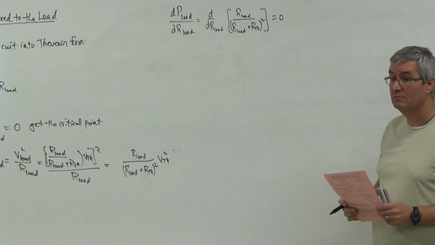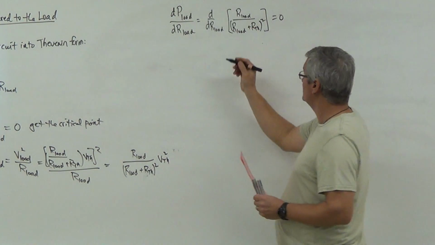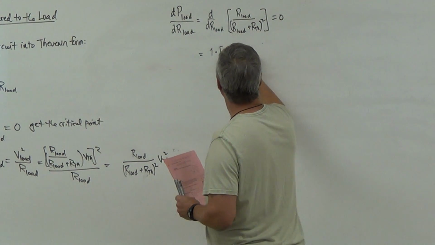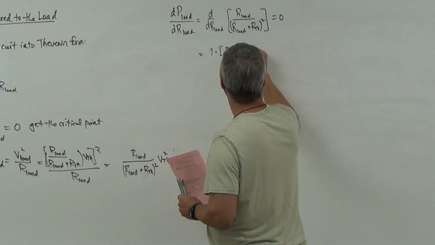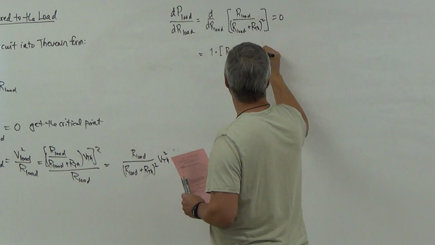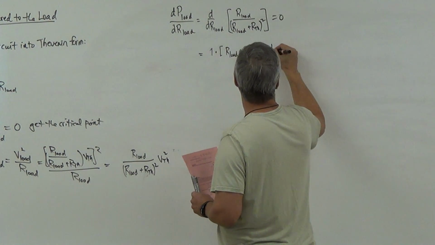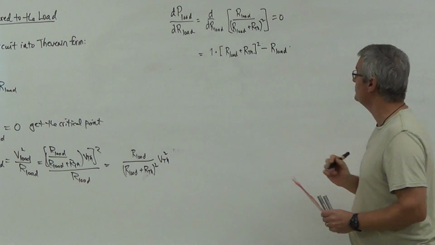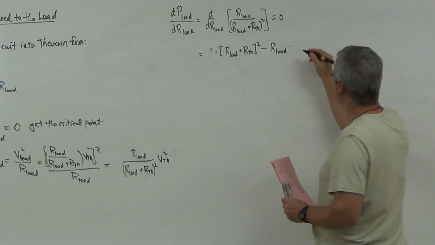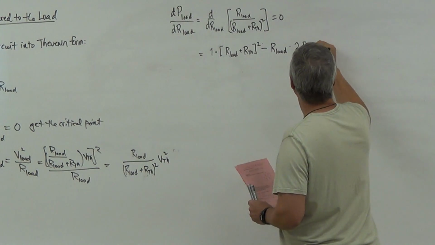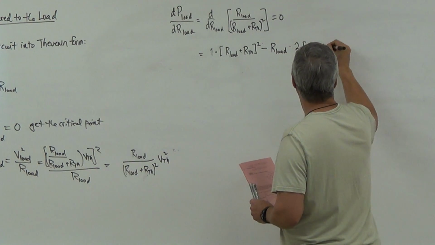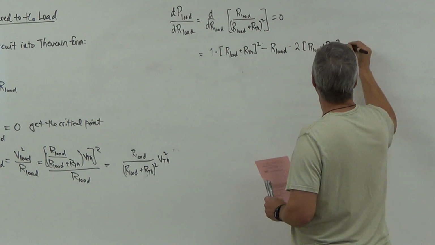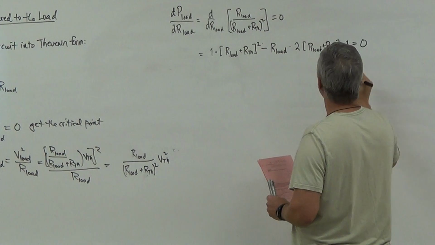If I take the derivative of the top, I get 1 times the bottom. I probably have the order mixed up, and I don't care, because it's all equal to 0. Then the derivative of the bottom is twice this, and the derivative of the inside is 1, and that has to be equal to 0.